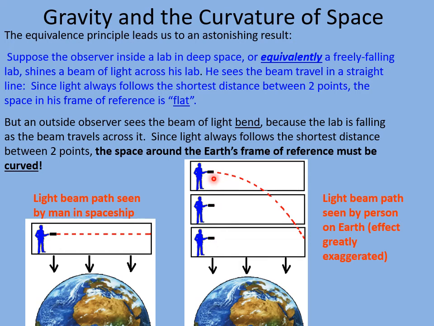So by the time the light beam gets to the other side, the lab has dropped down to here. So we see this light beam following a curved path through space. And since light always follows the shortest distance between 2 points, the space around the Earth's frame of reference must be curved.